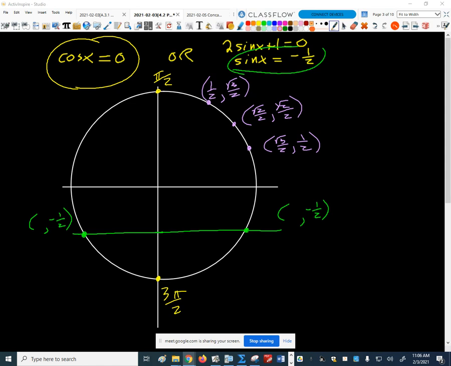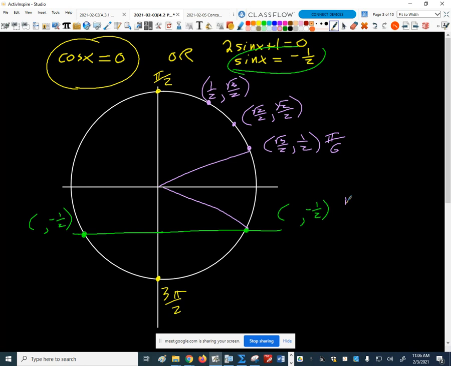Okay, back to business. So this angle right here is pi/6, right? Pi/6 radians. So if that's pi/6 radians, then this one right here must be 2 pi minus pi/6, right?